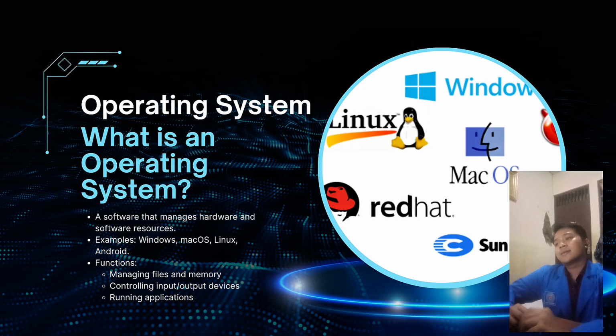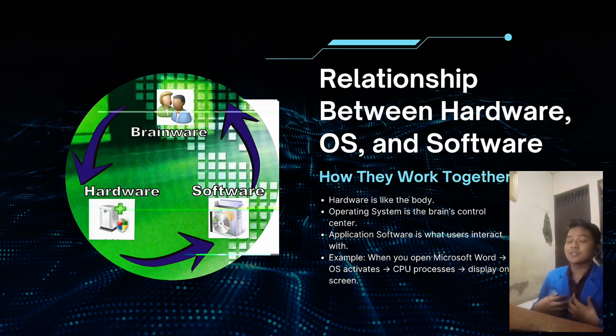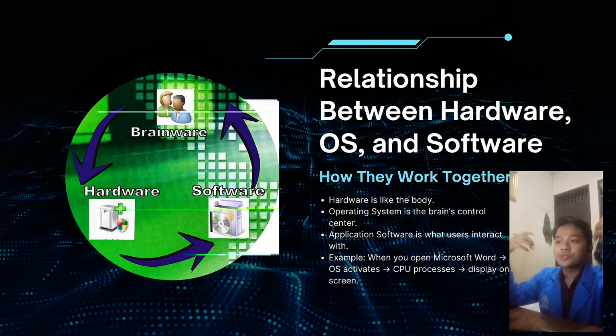Next slide is the relationship between the hardware, OS, and the software. Here's how everything works together. Imagine the hardware as the body, the operating system as the brain, the control center, and the software as what the user interacts with.